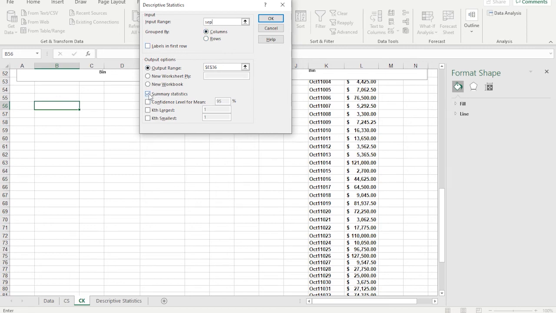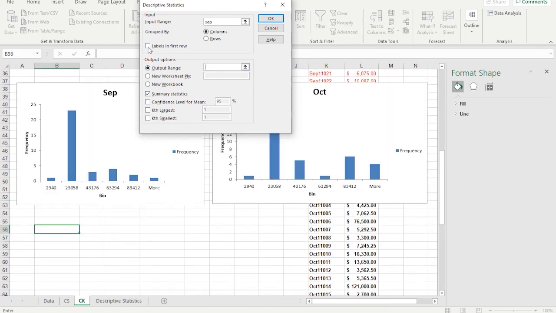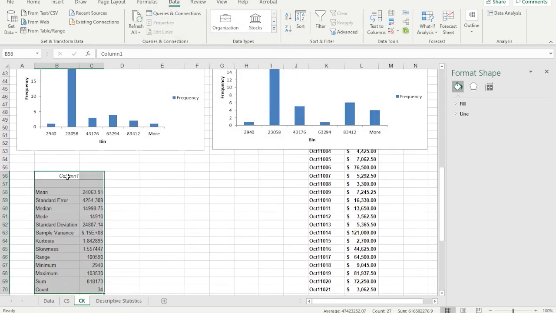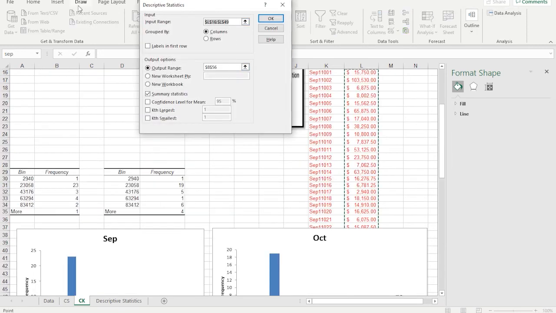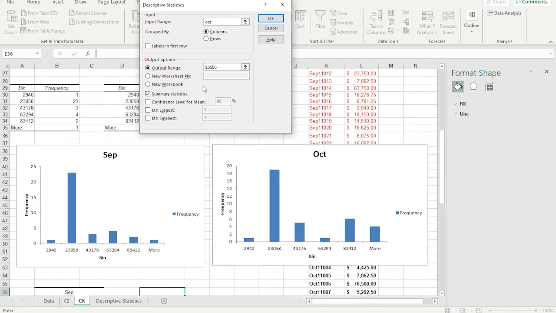And I want summary statistics, and I want to output that information right here. And I'm going to press OK. So that's column 1. So that is representing September. And then I'm going to do the same thing for October. So descriptive stats, press OK, October, and then for the range, right there, press OK.